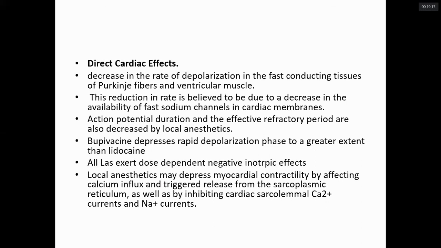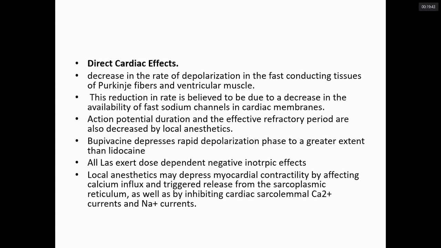Direct cardiac effect, because cardiac tissues are also excitable tissues. So it is understood that the sodium channel blockers are going to affect the cardiac tissue. So basically, the local anesthetic decreases the rate of depolarization in fast conducting tissues of Purkinje fibers and ventricular muscle.